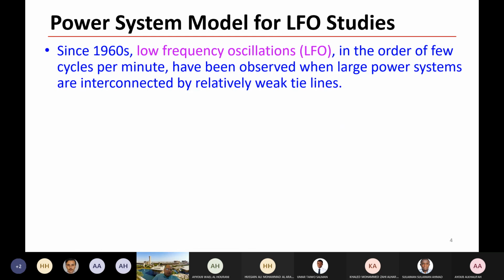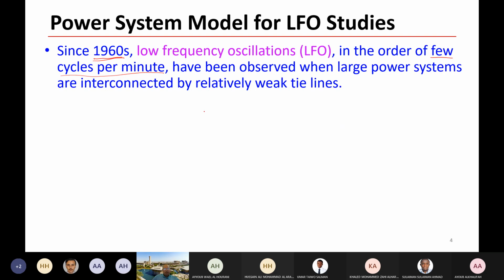We started thinking about this problem in 1960, in the order of a few cycles per minute. This is the low frequency oscillation. A few cycles per minute means low frequency, whereas 60 hertz is 60 cycles per second.